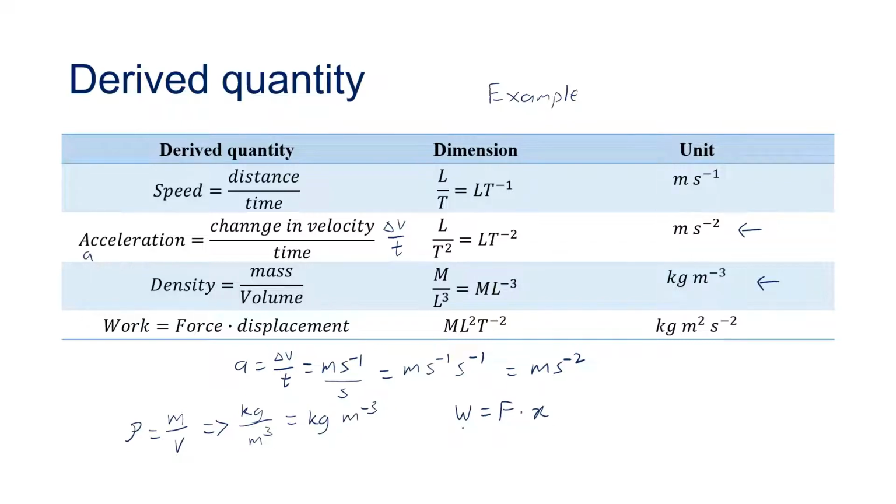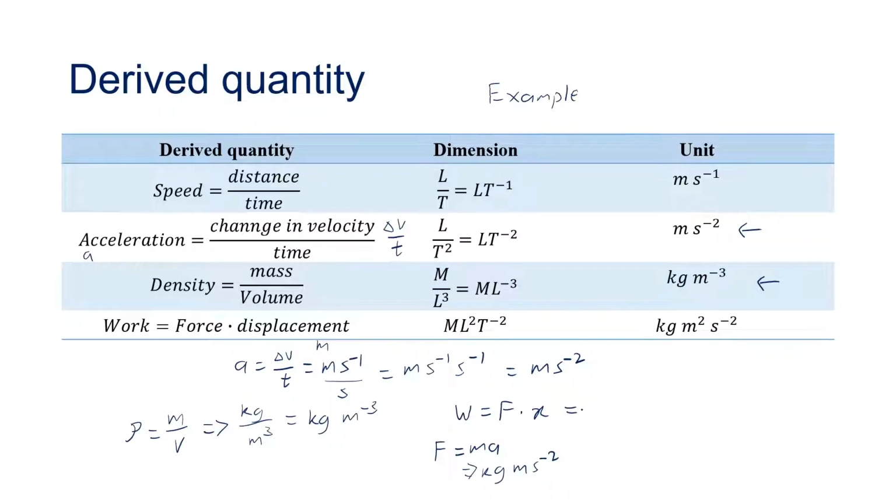Right. Now, force here, we know F is equal to ma, and here we already know the unit of the acceleration, and we know the unit of mass is kg, and multiply with this unit of the acceleration. So we have kg meter per second squared. And now we know this x is a displacement. Displacement has a unit of meter.